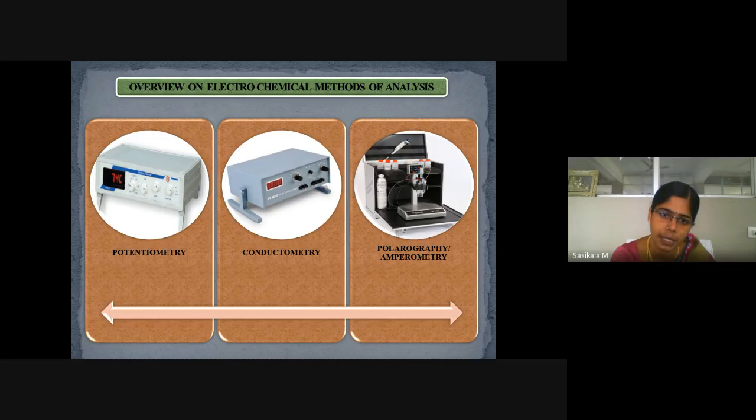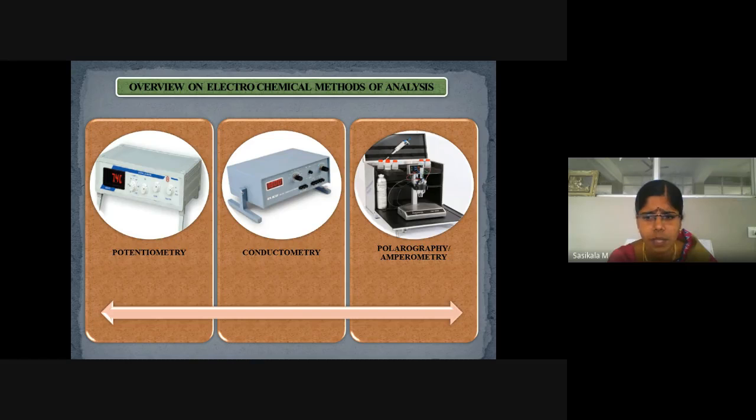To analyze the level of some biomolecule, either atomic or molecular form, it will be analyzed using potentiometry, conductometry or polarography, based on their properties. So this technique is commonly applicable for analyzing biological samples that have ions in them, mostly electrolytes.